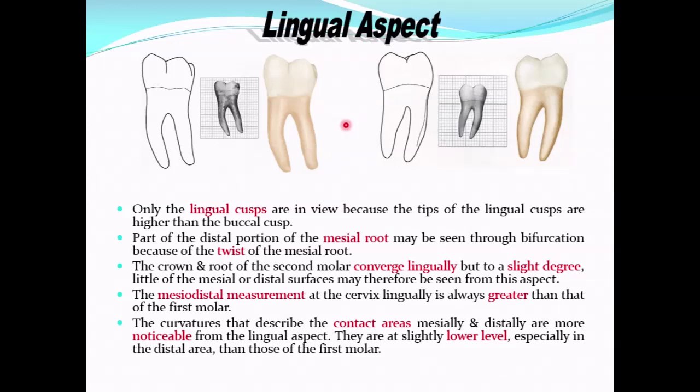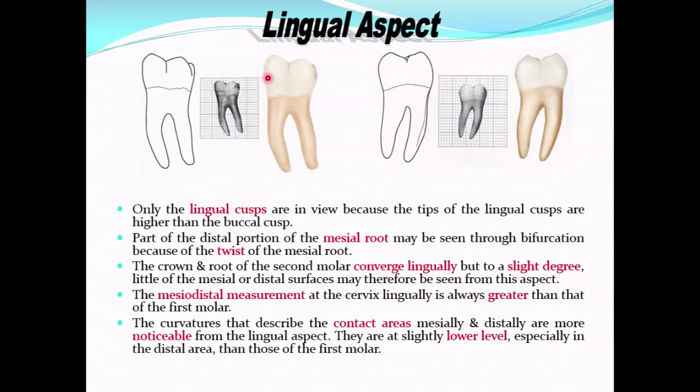Again, sorry, regarding the cervical line, the curvature here and the curvature there. Now we will talk about the curvature of the contact area here and here. The mesial curvature and distal curvature represent the position of the contact area. These curvatures, mesially and distally, are more noticeable than those of the mandibular first molar, and at a lower level.